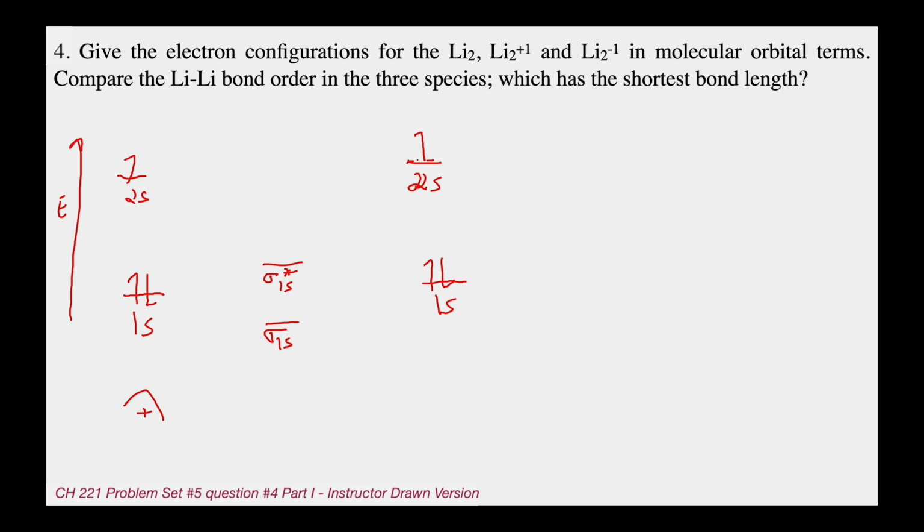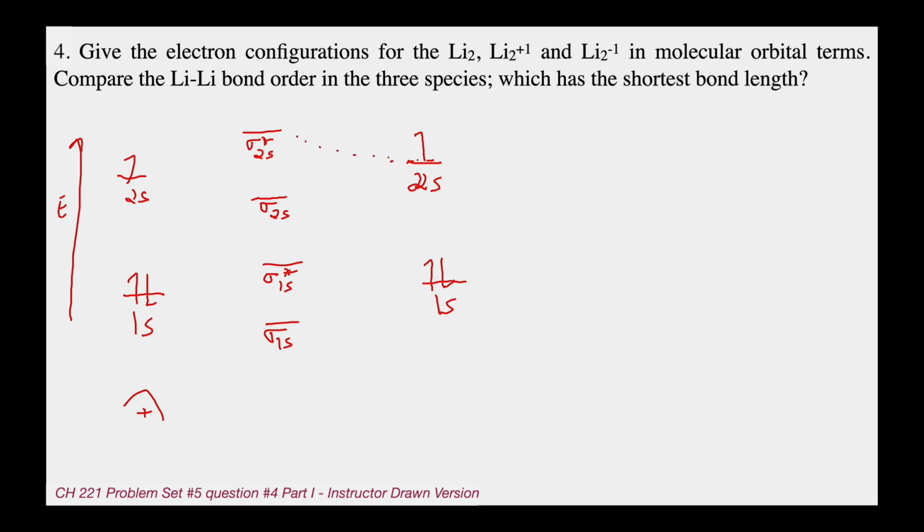Cool. Now, the 1s orbitals are far enough in energy from the 2s that the 2s orbitals make their own orbitals. And you can probably imagine that there's going to be a lower one and a higher one. The lower one is the sigma 2s orbital, and the higher one, sigma star 2s. So the bonding is sigma 2s, and the anti-bonding is sigma star.